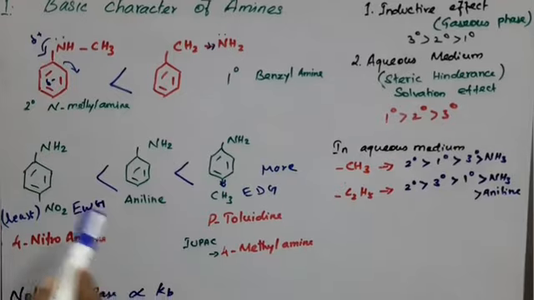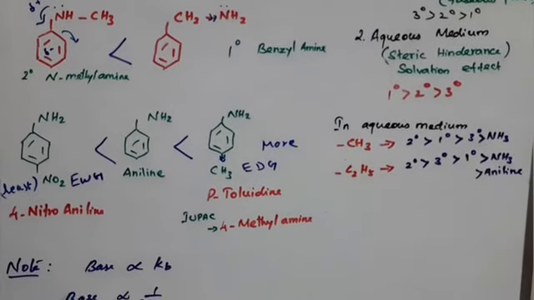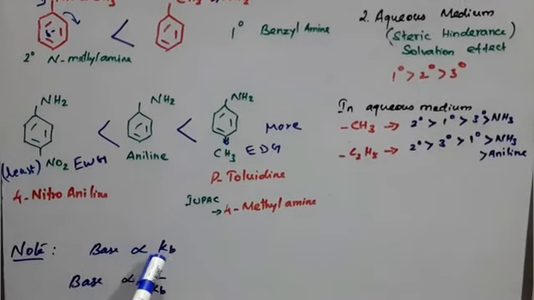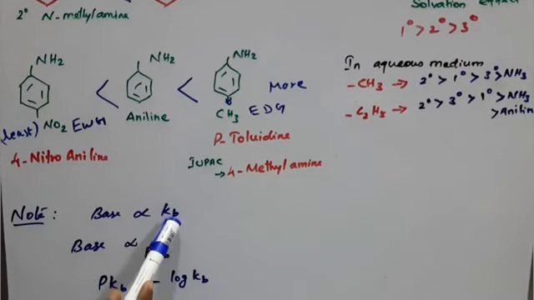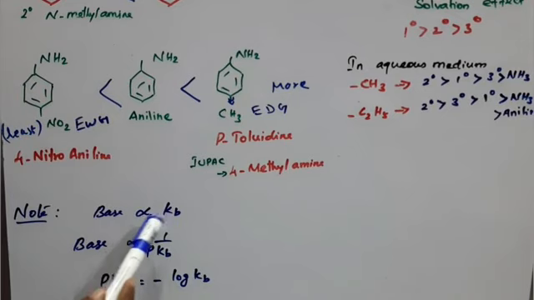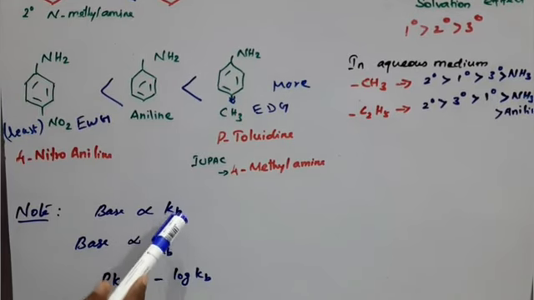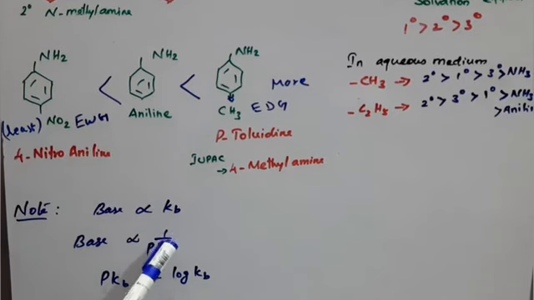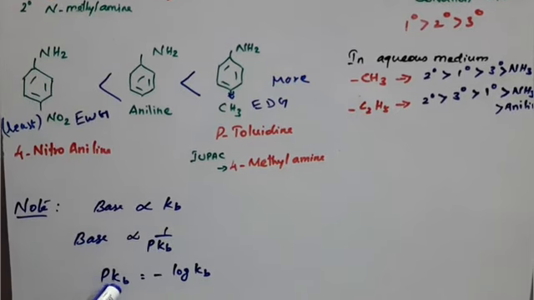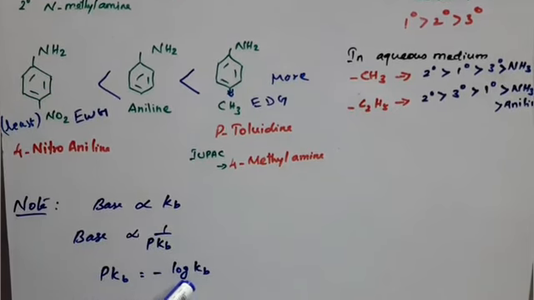So children, you see the overall concept: basicity is directly proportional to Kb. Kb means the base dissociation constant. It is inversely proportional to pKb, because pKb equals minus log of Kb.